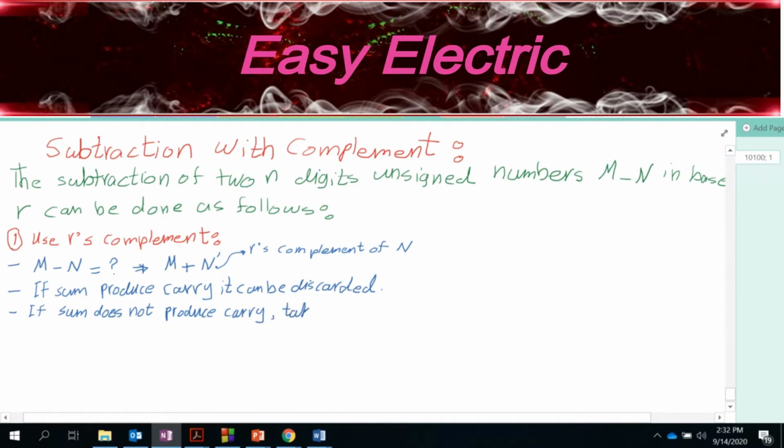What you need to do is take the r's complement of the sum and place a negative sign in front.